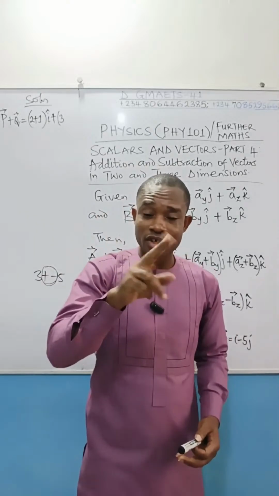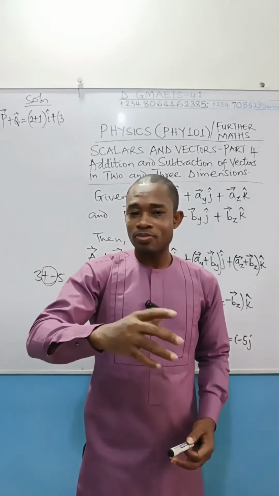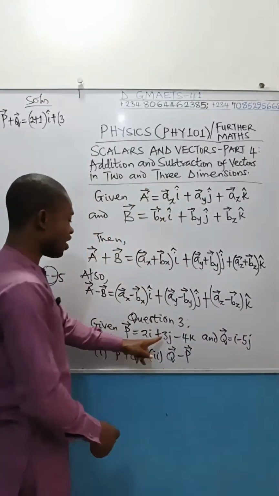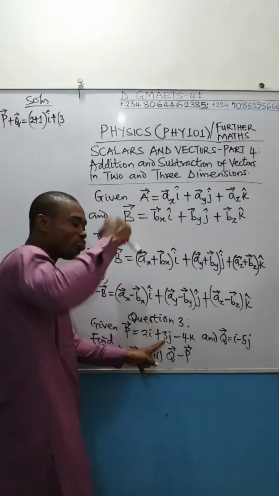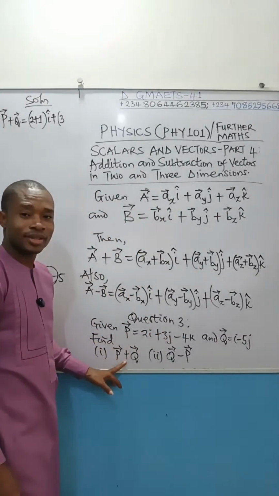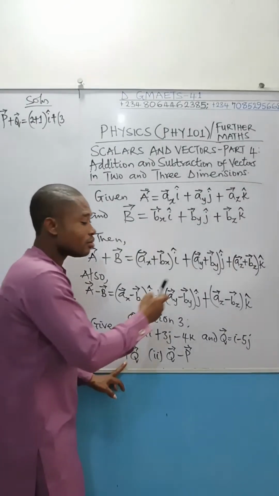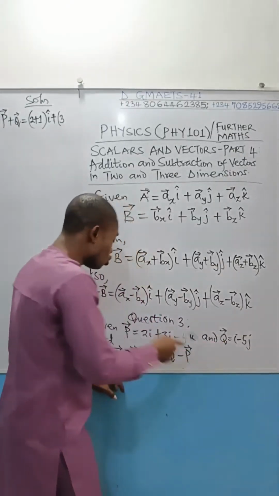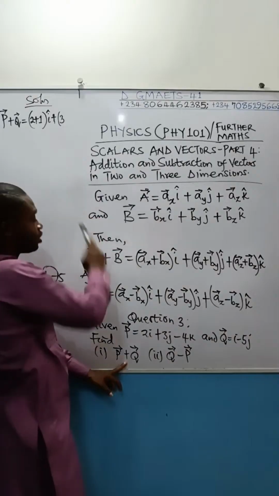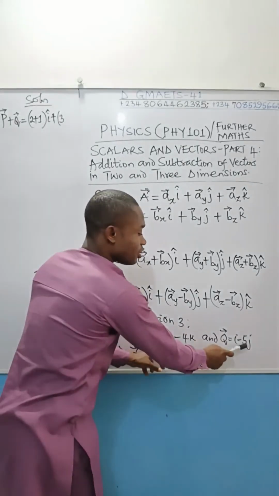When two signs follow each other directly, either plus plus, plus minus, or minus minus, you must do this plus times minus. So if I have 3 plus, remember we are adding. We are asked to add. So if you pick the scalar component of vector P, before you combine it with that of vector Q, you must fix your plus sign like I have here. So this is going to be 3 plus minus 5.